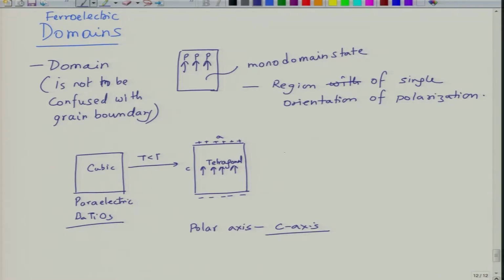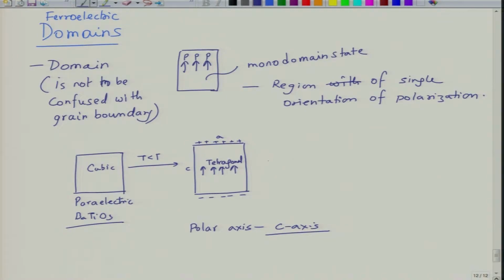Suppose this crystal is of the order of 1 centimeter by 1 centimeter by 1 centimeter. In terms of dimensions, this means massive charge density, right. This massive charge density leads to the creation of what we call a depolarization field, which would like to minimize the surface charge density. So, this single orientation of polarization sets up what we call a depolarizing field, and this depolarizing field will oppose the polarization.